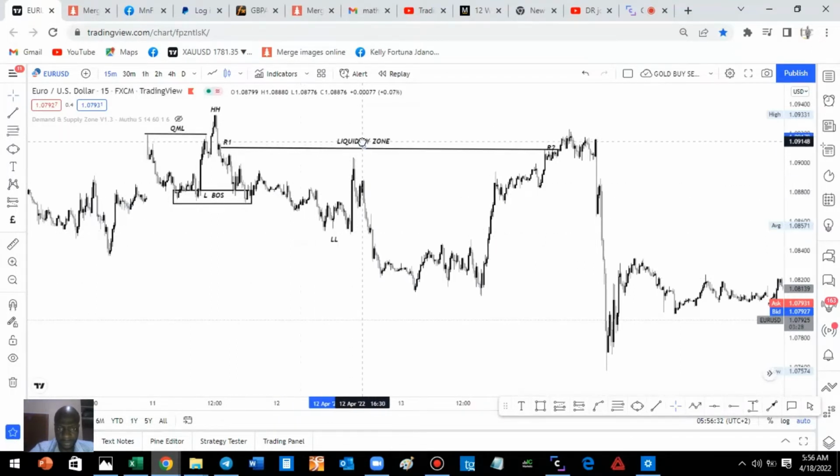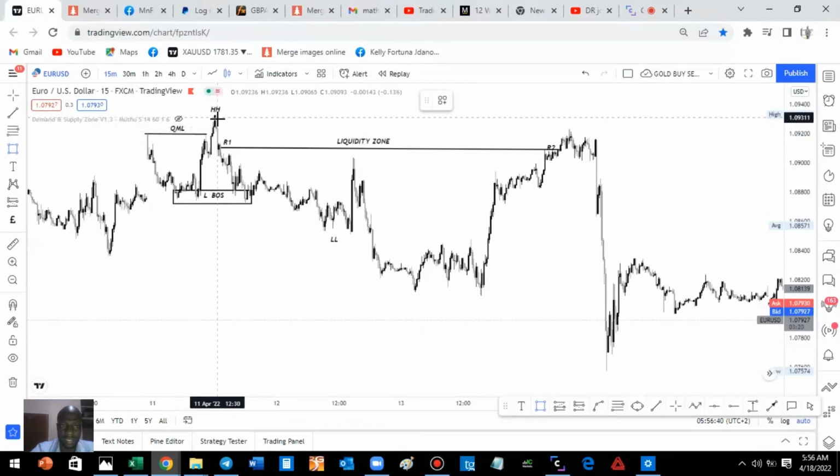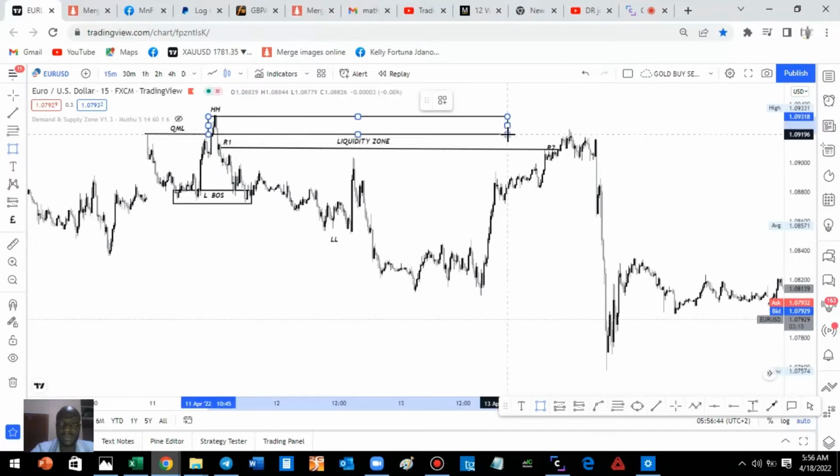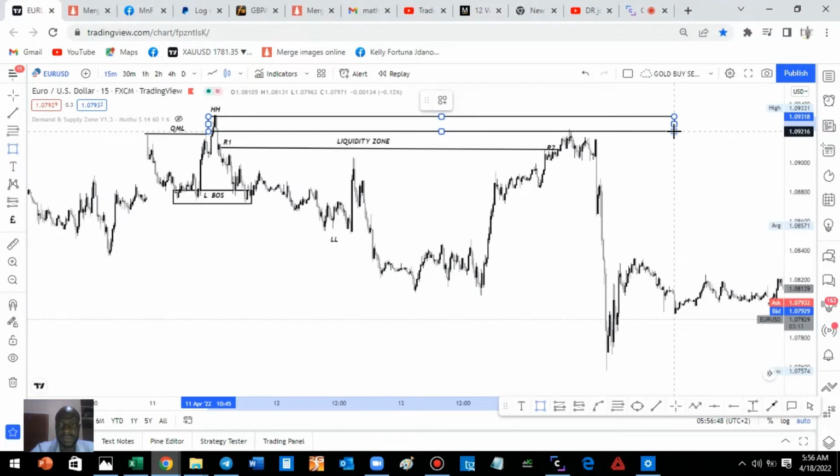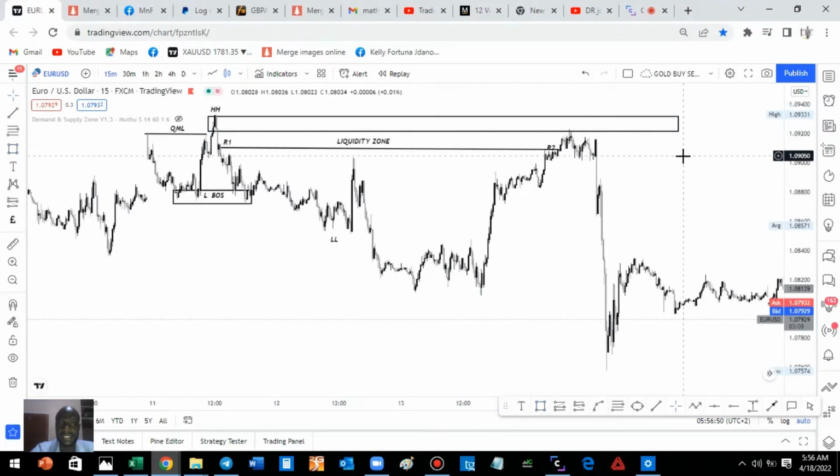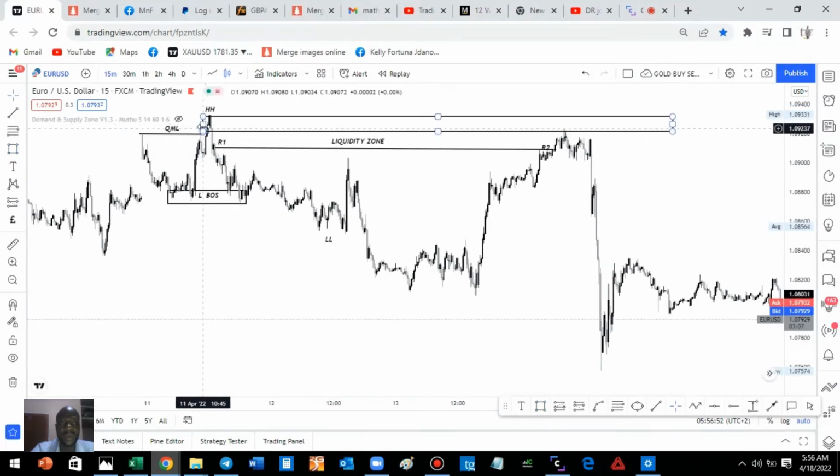The next thing is to identify my type of supply zone. You can see from here, this is a rally, this is a base, and then that's a drop. So this is my rally base drop supply zone. As you can see from this level, we had a nice entry right there, a sniper entry kind of setup.